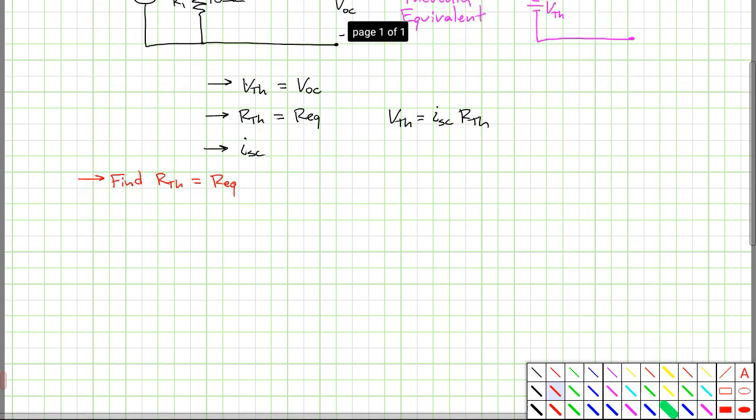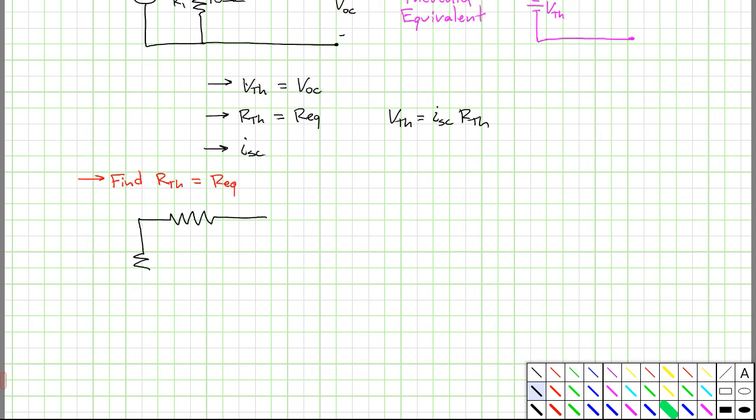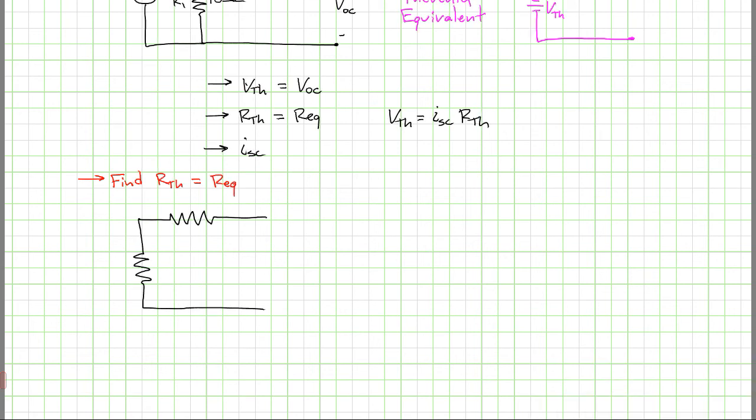Okay, basically the current source goes away, so I end up with my 2 resistors basically in series, right? This is where my current source was, but that becomes an open circuit, so it completely goes away.